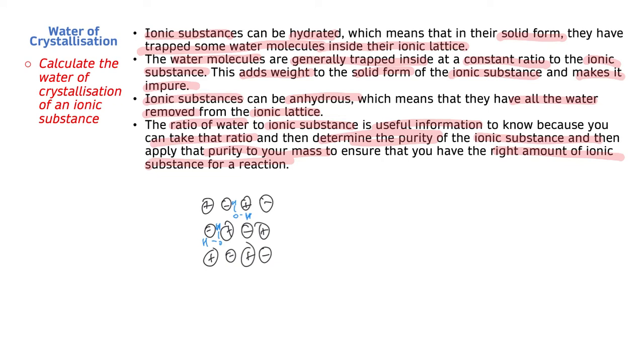So the substance that you want, the ionic substance, is the majority of the substance, but it also means that there is a small percentage of impurities associated with these.